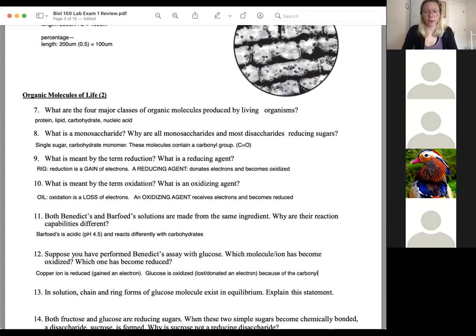Because of its position in the terminal part of the molecule, it's in this perfect place to just donate an electron if there happens to be an accepting or receiving molecule nearby. So the glucose lost an electron, and that electron went to the copper ion, which is what caused that color change.